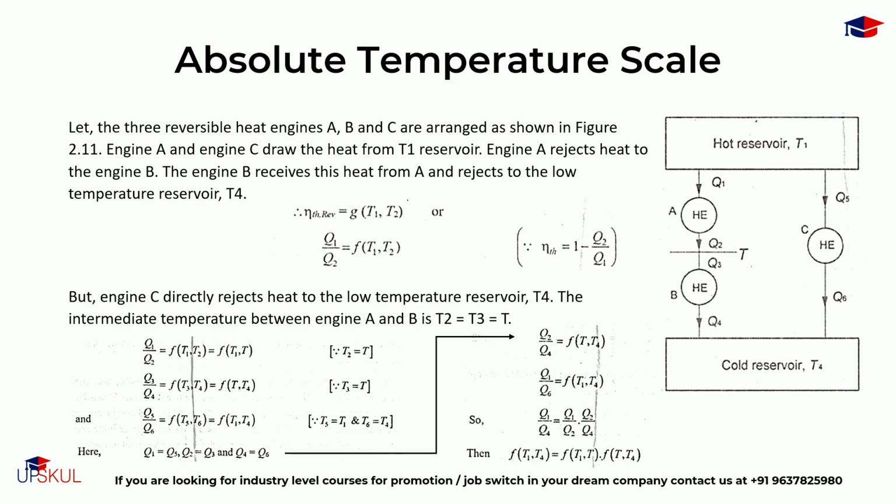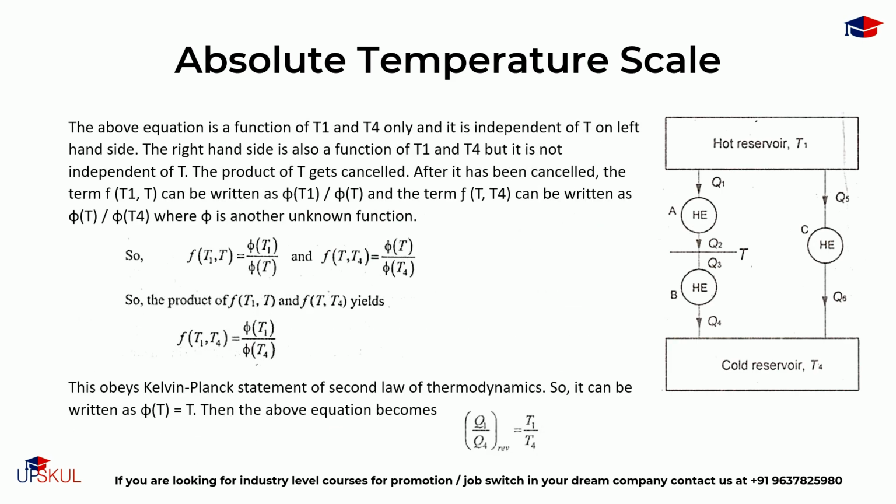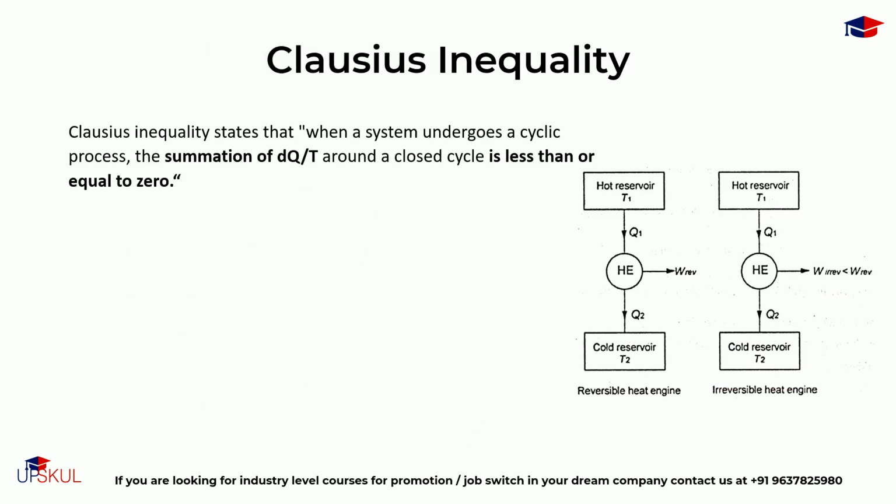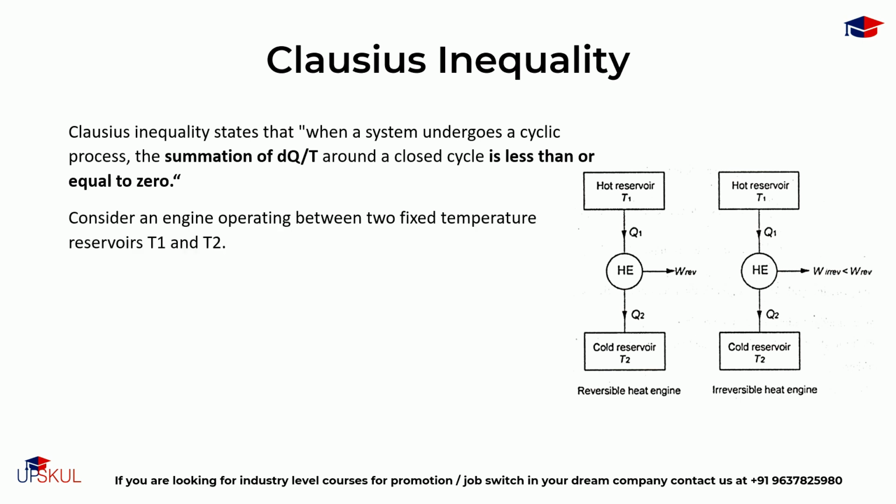Now, let's move on to Clausius Inequality. Clausius Inequality states that when a system undergoes a cyclic process, the summation of dq by T around a closed cycle is less than or equal to 0. Now, let's consider an engine operating between two fixed temperature reservoirs T1 and T2.